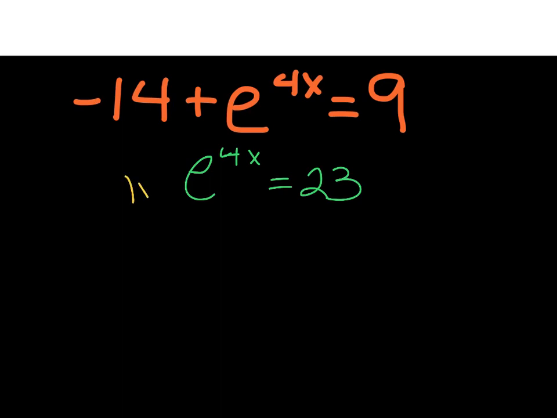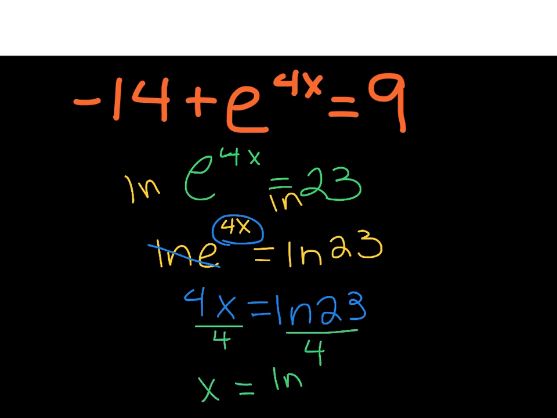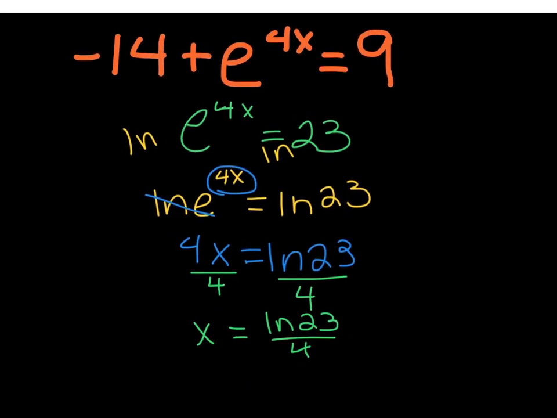And then ln both sides of your equation. ln e to the 4x equals ln 23. ln of e cancels, leaving you your exponent. So 4x equals ln of 23. And then I want that x by itself, so I divide by 4. So again, without a calculator, I can get to this point. With a calculator, I would find ln of 23 and divide it by 4.